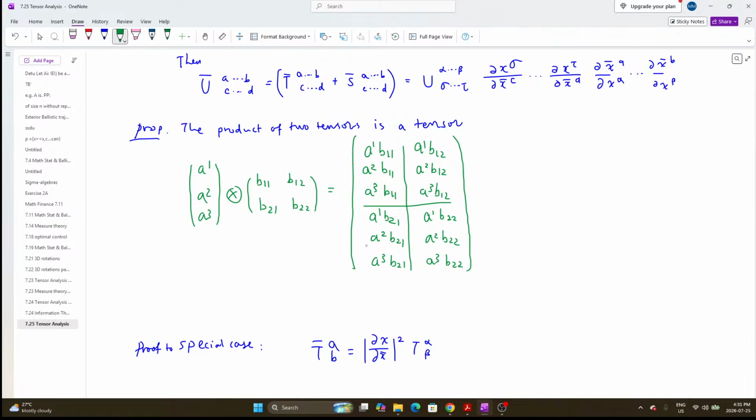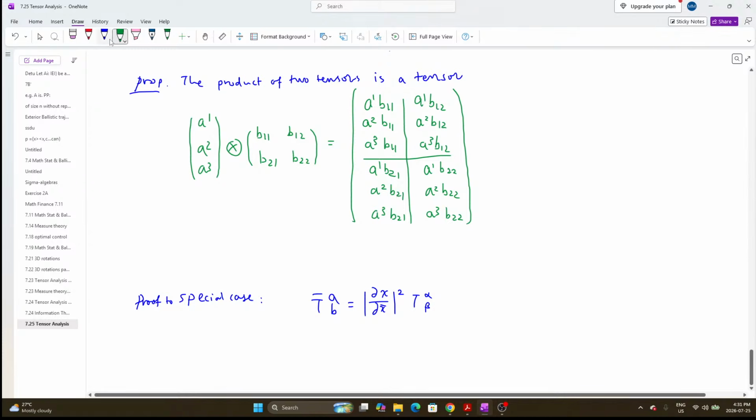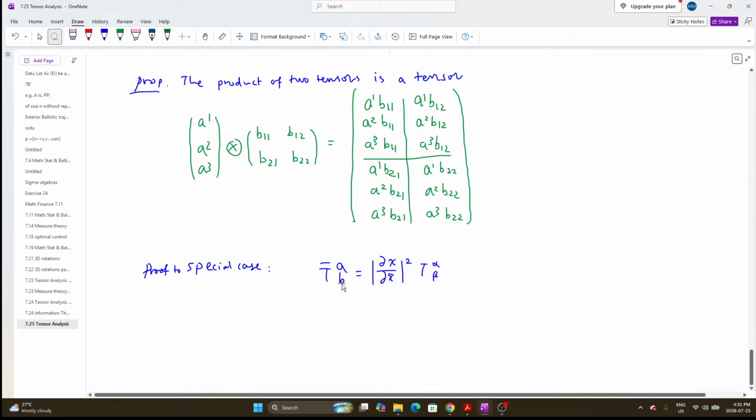So here, let me give you this special case, which I haven't finished writing. T is a tensor of mixed type, so it has two indices, one up, one down. Let's write down the transformation law.